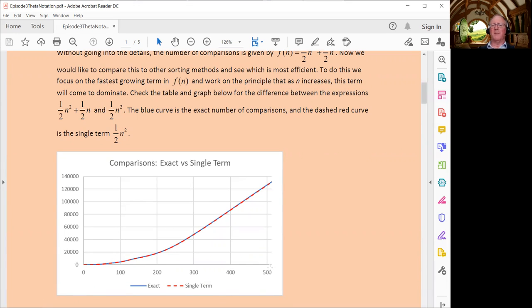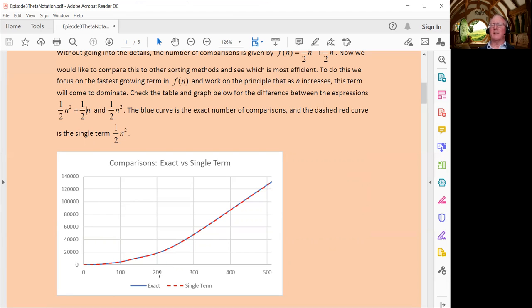and we go up to 512 items, the blue curve is exact. In other words, that's a half n squared plus a half n. And the dashed red curve is a half n squared. And at the scales of this chart, you cannot see any difference. Now, if we just zoomed right in on very early on in the graph, you would absolutely see a difference.